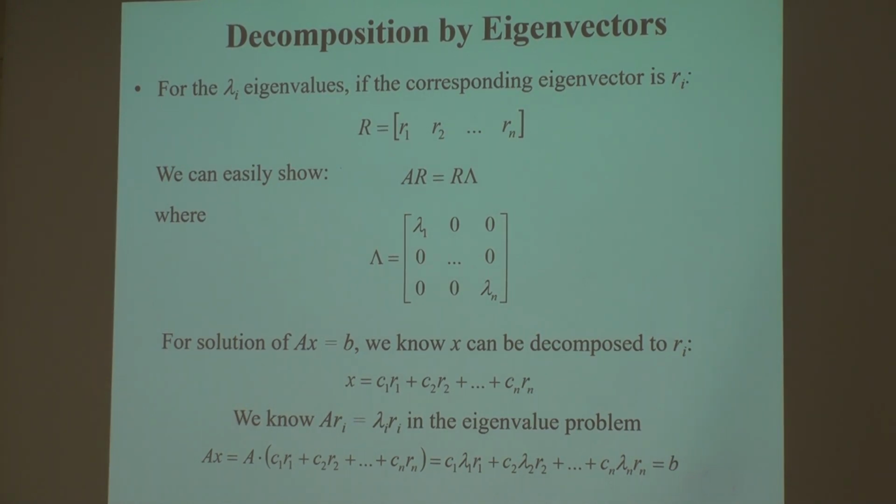So that means a non-degenerate matrix A of rank n always has n eigenvectors that are orthogonal to each other. That also means this decomposition is always possible for a non-degenerate matrix. I don't know how much you remember this, since it's far away from when you took linear algebra.